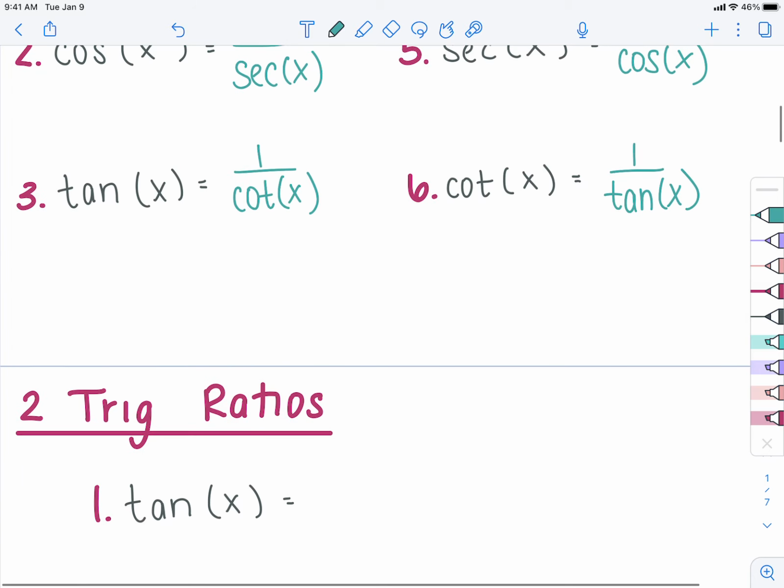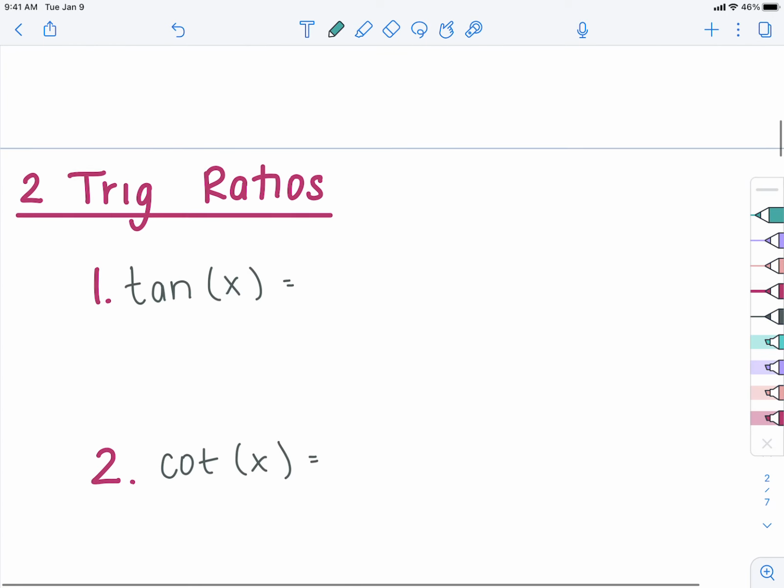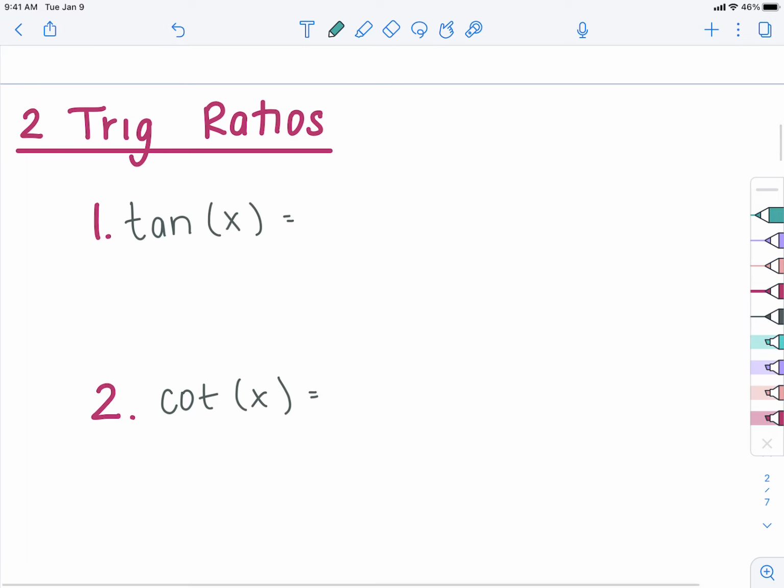So then the next 2 that we can use that are very similar to this are our trig ratios. So we know from our unit circle that tangent of x is the same thing as y over x. And we also know that our y value on the unit circle is our sine value, and our x value is our cosine value.